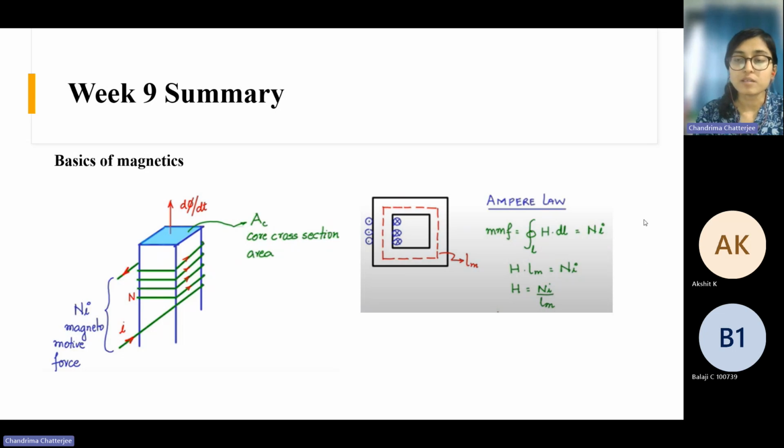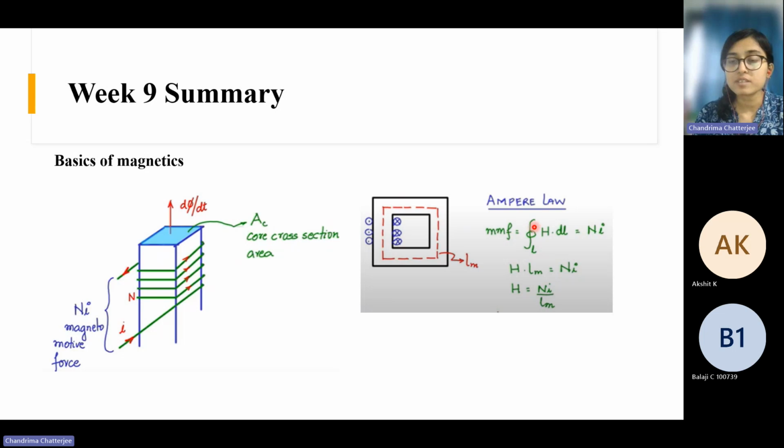So there are some terms that you need to know. And there is one important law which is called Ampere's law. I think we all have studied all this in class 11 and 12, mainly in 12 maybe. But anyway, I will discuss it. What is MMF? MMF is magnetomotive force.